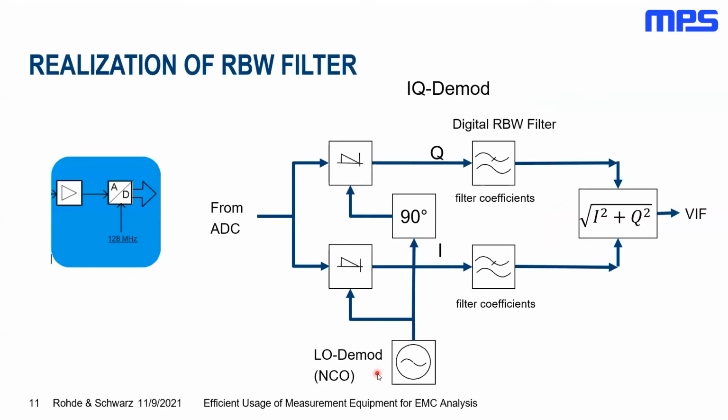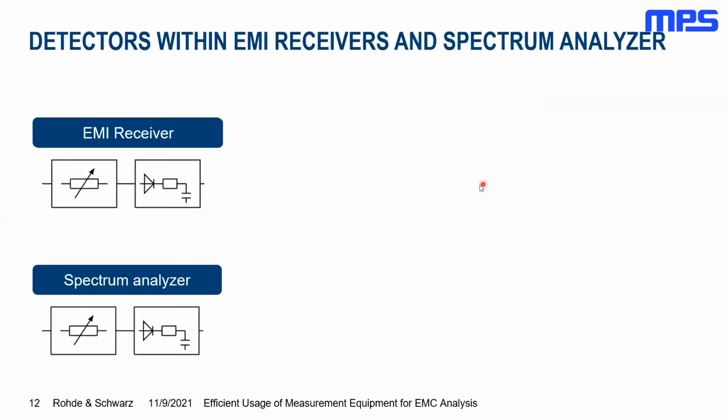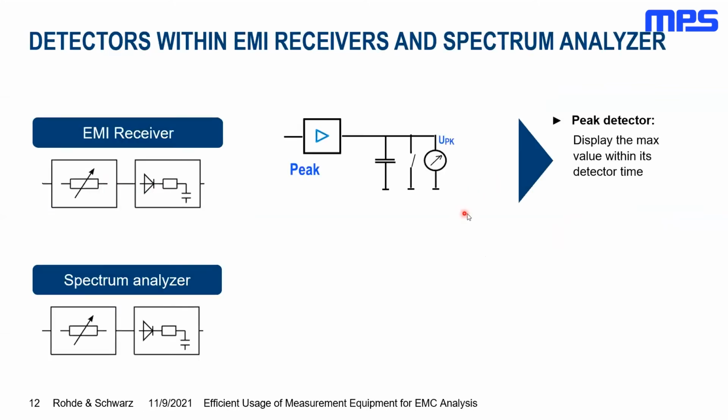How are these RBW filters then realized? So if we are thinking about these mixing processes, we are getting our signal from the ADC. We're getting those then down converted with the demodulators, and then we are adding these filter coefficients, and afterwards we're getting it displayed on the screen. So for a peak detector, you could think about this as something like a storage into a capacitor, and we have a switch there for unloading it.